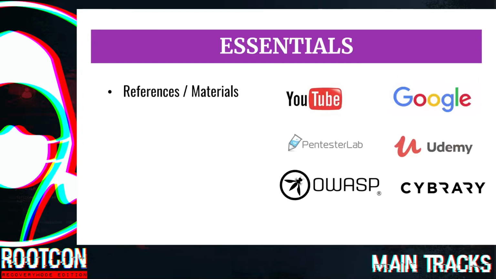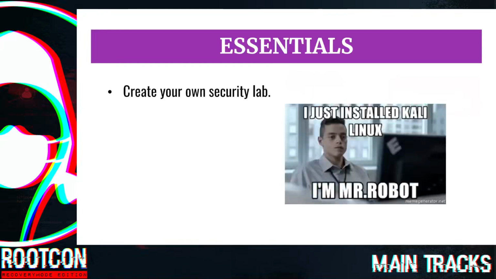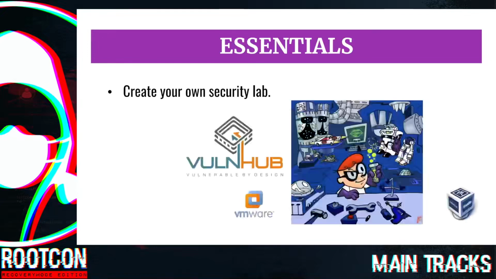So the next one is create your own security lab. This one is really important because if you have a security lab, you can replicate vulnerabilities and test your skills. So set up your virtualization.